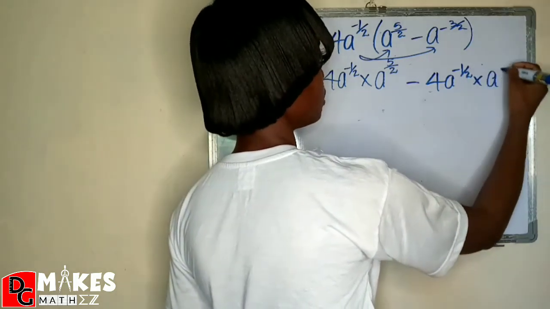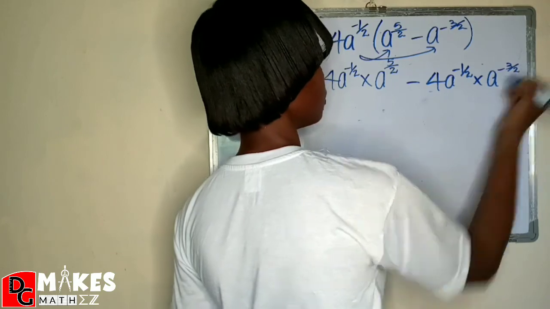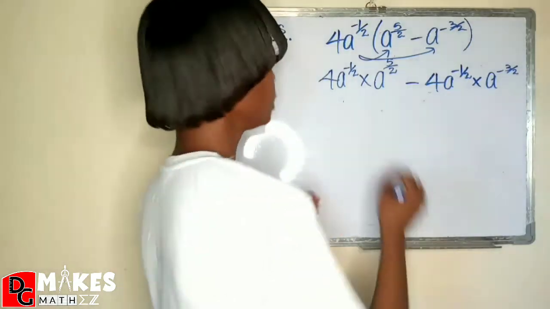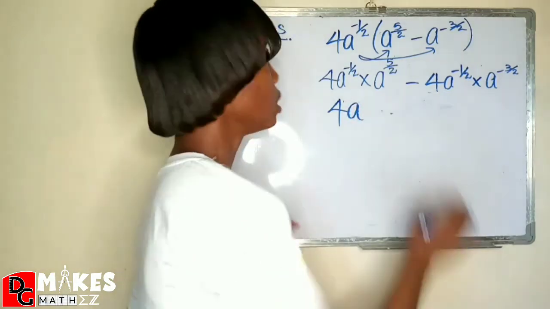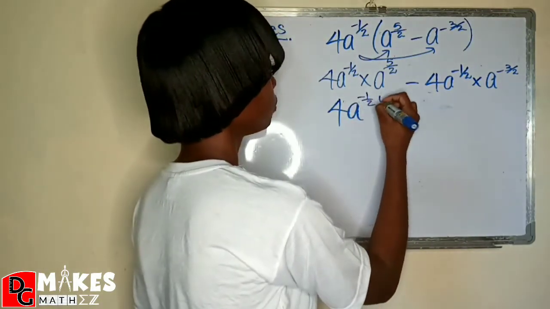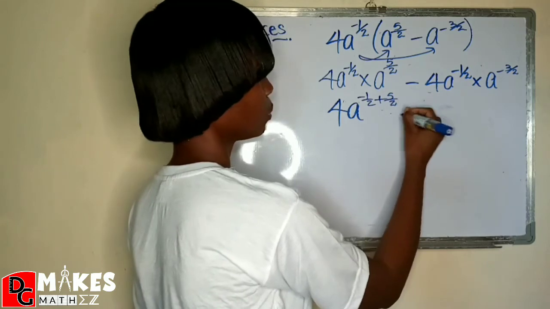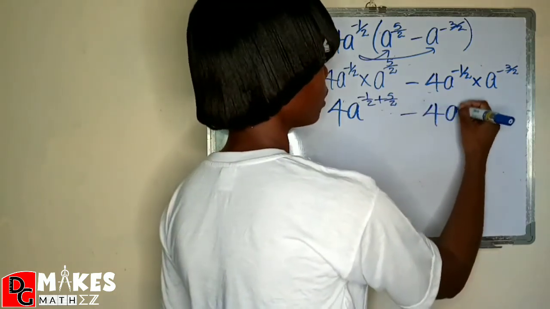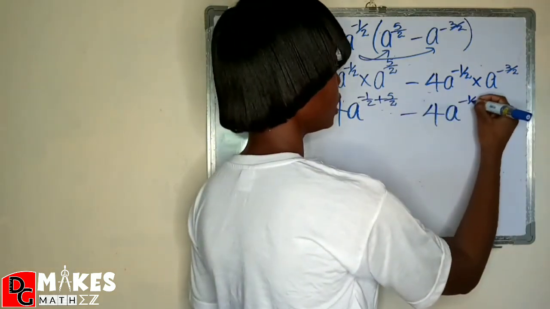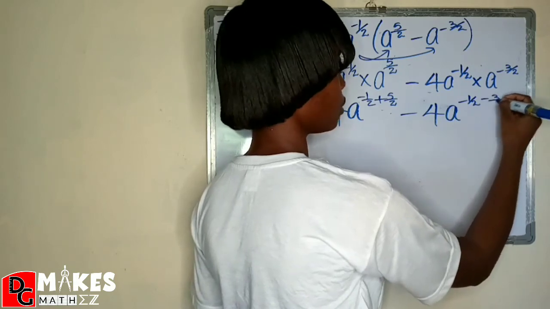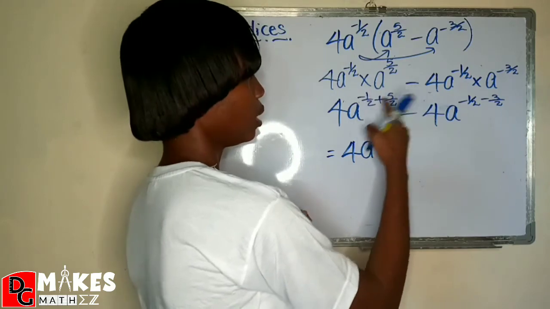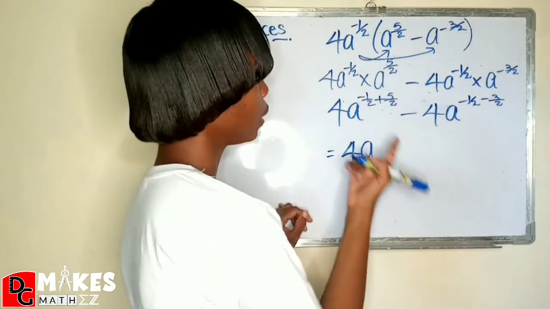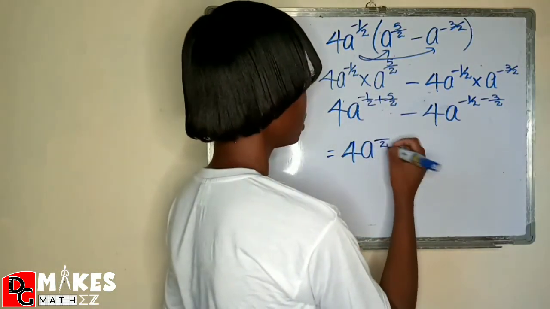times a to the -3 over 2. All right, and now we have same bases being multiplied, so I can go ahead and add my powers. So we have -1/2 plus 5 over 2 for the first term, and for the second we have -1/2 plus -3 over 2. We can just work on our numerators because our denominators are the same.